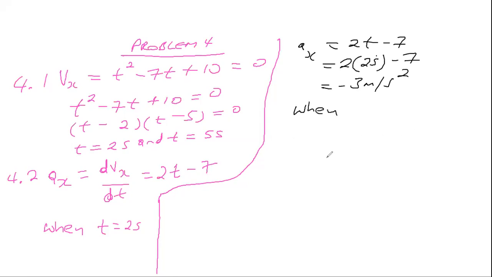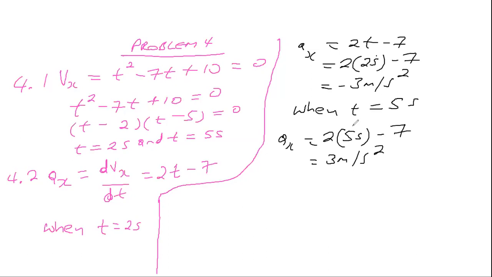Let's check now when t is equal to 5 seconds. Then ax will be 2 times 5 minus 7, which is 10 minus 7, which is 3 meters per second squared. As you can see here, we have two different values of acceleration, which means acceleration is not constant.